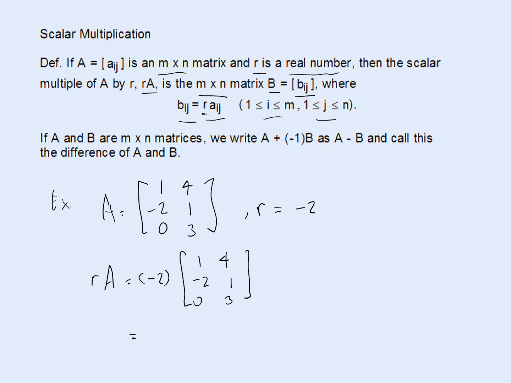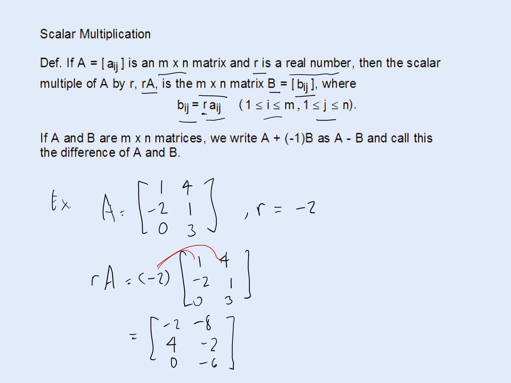That would be equal to negative 2 times 1, which is negative 2, negative 2 times 4, that will be negative 8. Negative 2 times negative 2 is positive 4. Negative 2 times 1 is negative 2. Negative 2 times 0 is 0. And finally, negative 2 times 3 is negative 6.